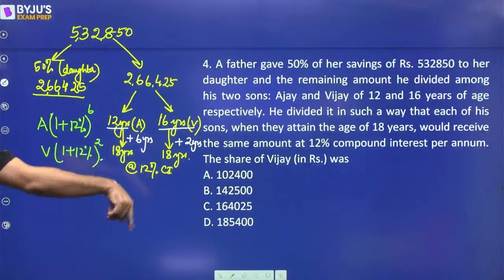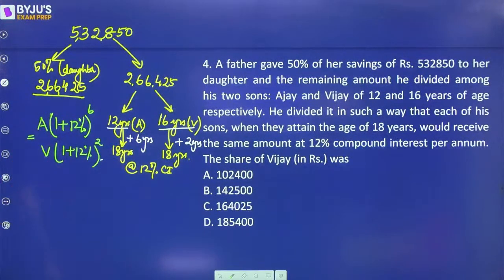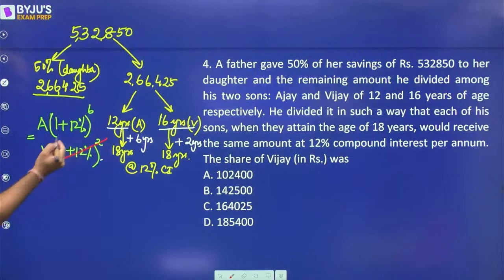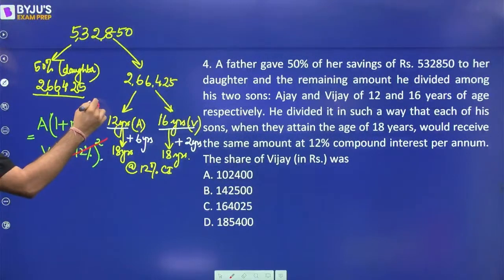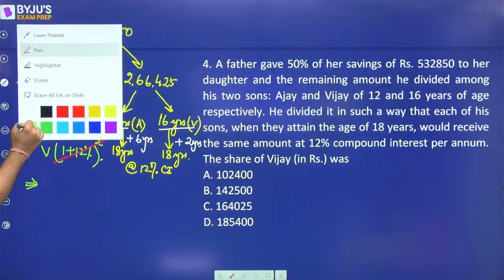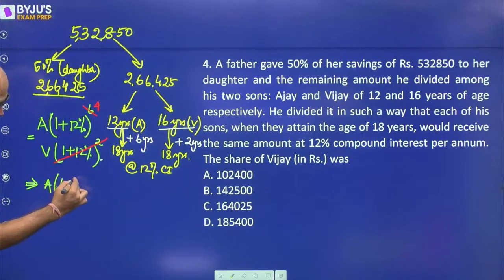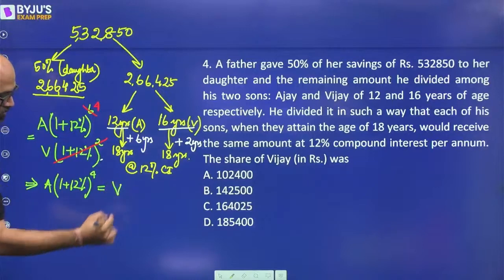It is given that finally the amount are same. This formula is for compound interest or appreciation ka formula. So from here, what you will realize is the common thing is 1 plus 12%, right? 1 plus 12% ka whole square. If you remove these two, so what we realize is it changes to Ajay ka 1 plus 12% whole to the power 4 is going to be the amount that Vijay gets.